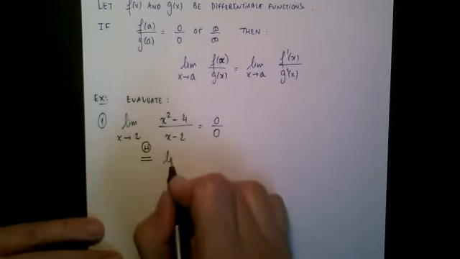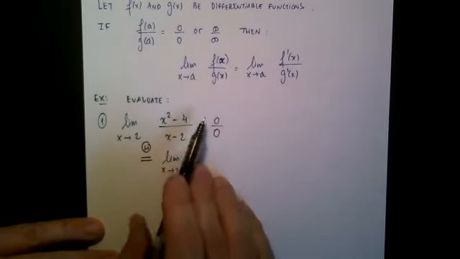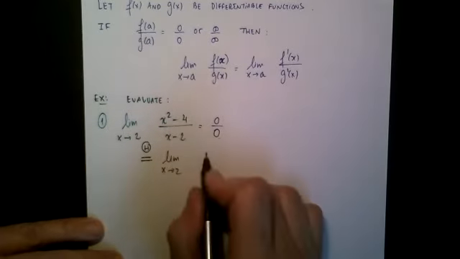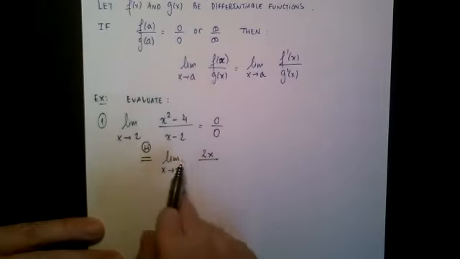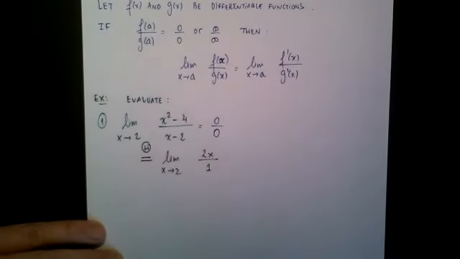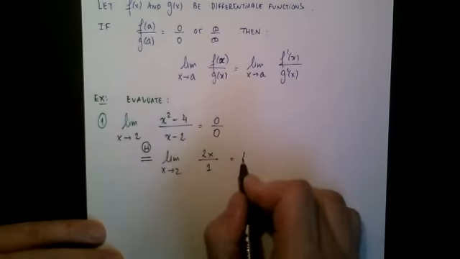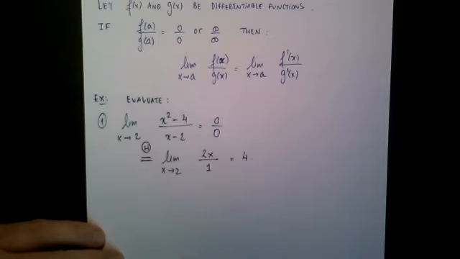So the limit as x approaches 2, and I'm going to find the derivative of the top, which is 2x, divided by the derivative of the bottom, which is 1. You with me? And now I evaluate this limit. That's easy. You plug in 2, you get 4. And my answer is 4. That's not bad at all.